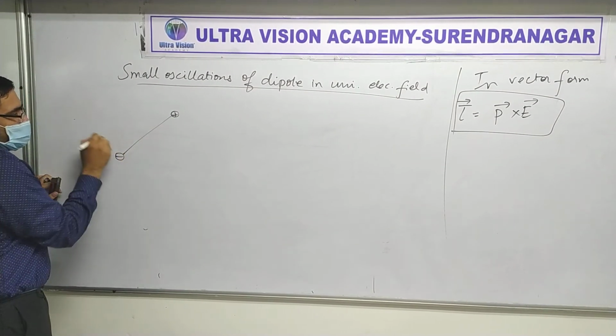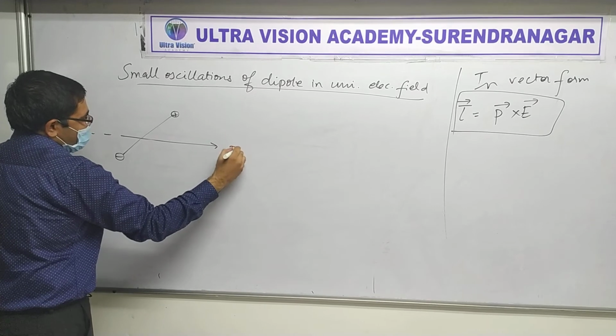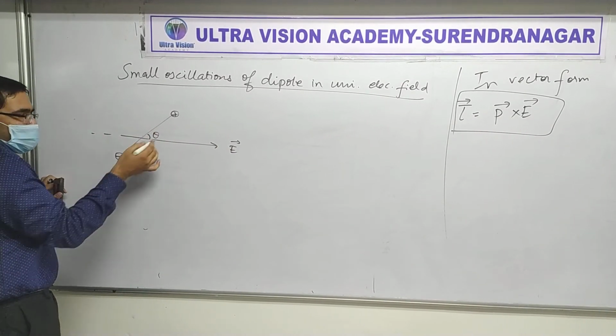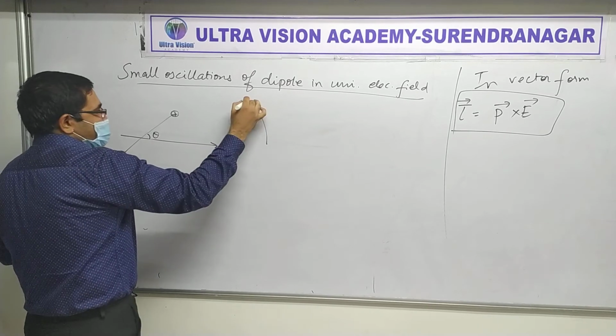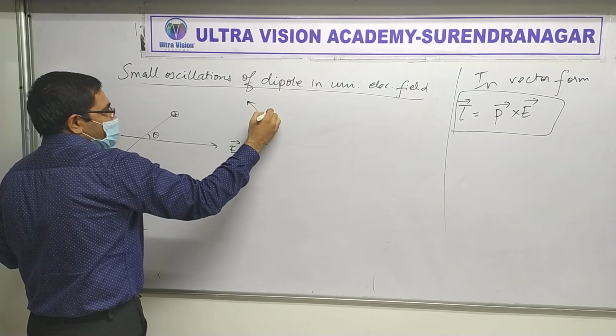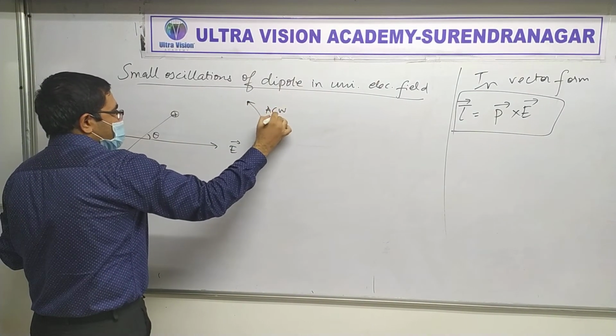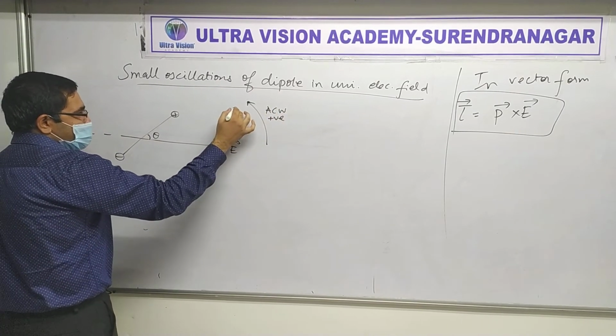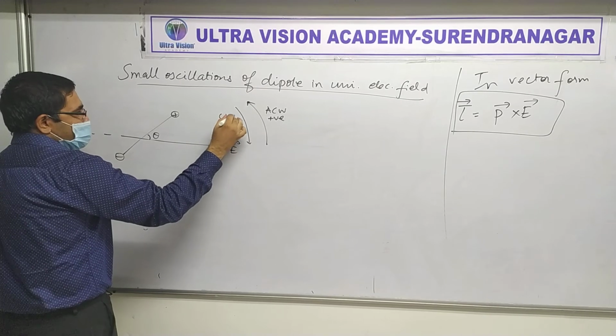if there is this dipole and let's say electric field lines are towards the right hand, so this angle is theta. If I measure theta anti-clockwise from E to P here, anti-clockwise I am calling positive. Okay, so by extension clockwise will be negative. Is it fine?